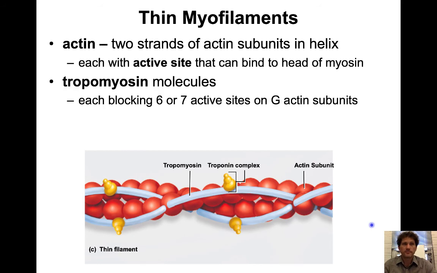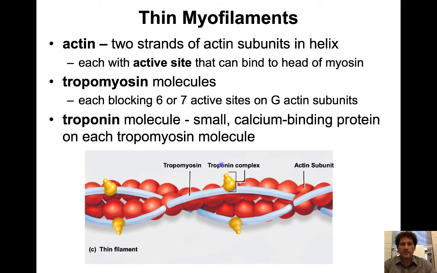Now, tropomyosin covers those active sites on our actin molecules. Okay, so this tropomyosin is covering about 6 or 7 active sites. And then we have this troponin complex, and you can think of this troponin complex as the lock, and our tropomyosin is the door, and the active site is our doorway that we want to go through.